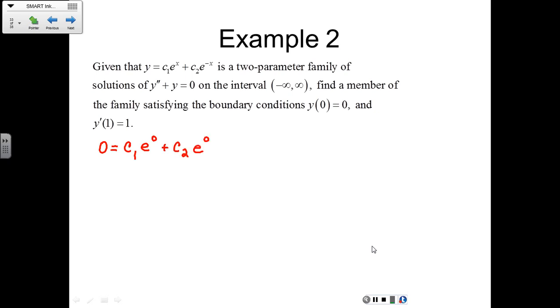Negative 0 is just 0. So those are going to go away. So 0 equals C1 plus C2. C1 plus C2 is equal to 0. How can y'all relate that to me? C1 equal to negative C2, or we could say that they are opposites, right? C1 and C2 are going to be opposite signs.